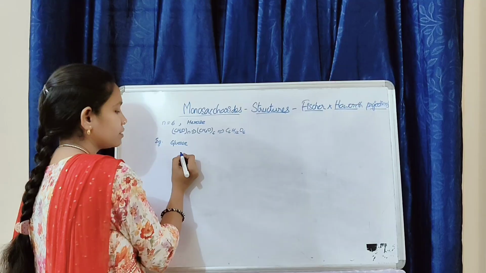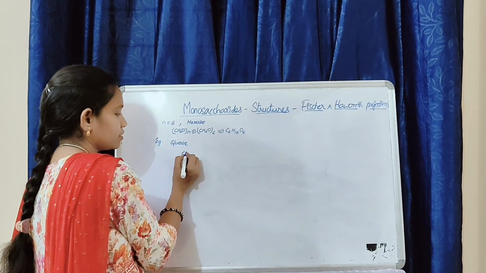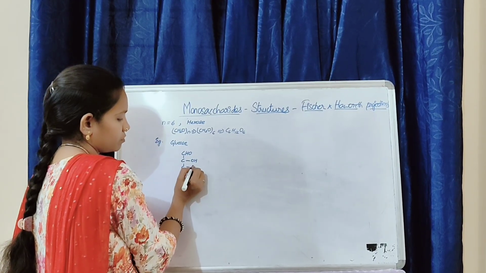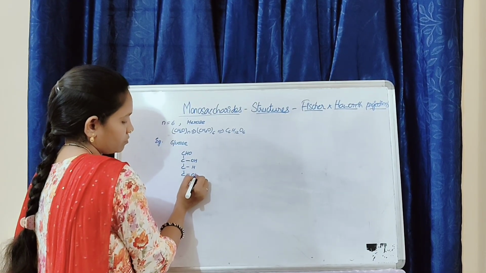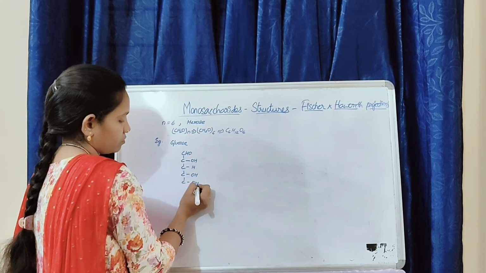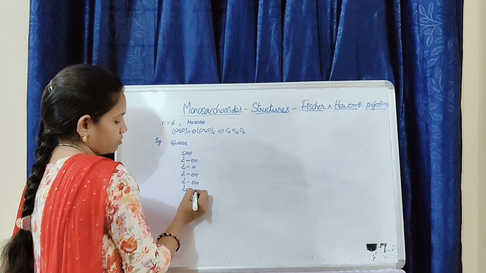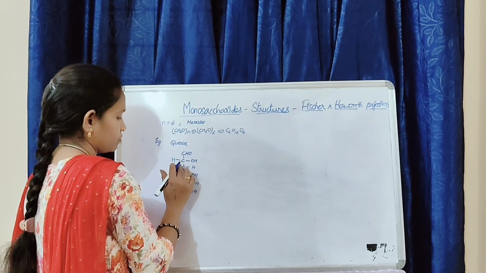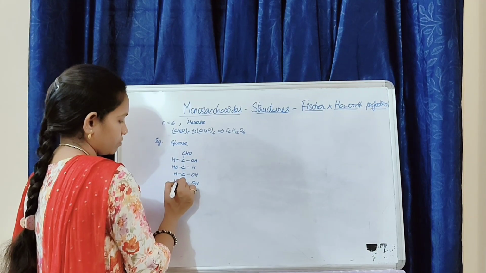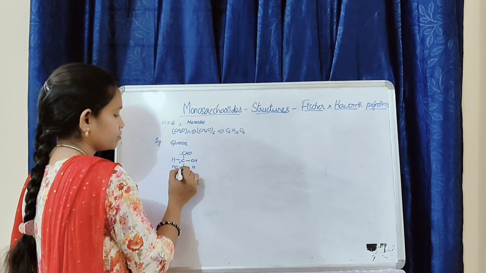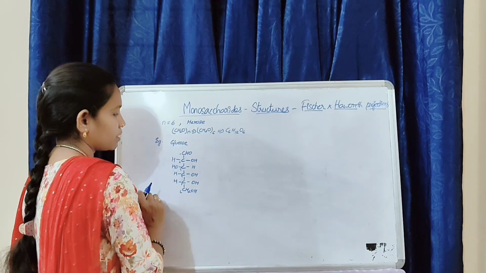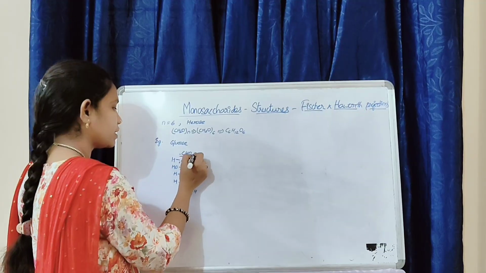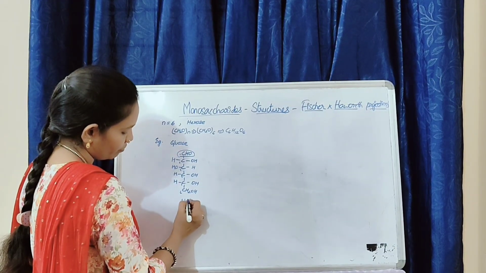It comes under hexose. Let's see the structure. Start numbering 6 carbon atoms. So it is an example of hexose. And the carbonyl group contains aldehyde. It's an example of aldose.